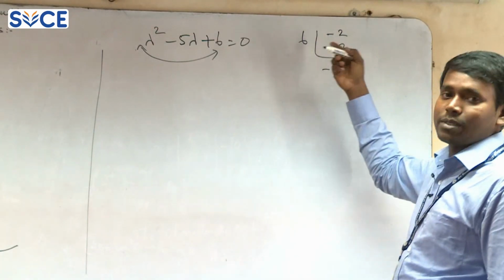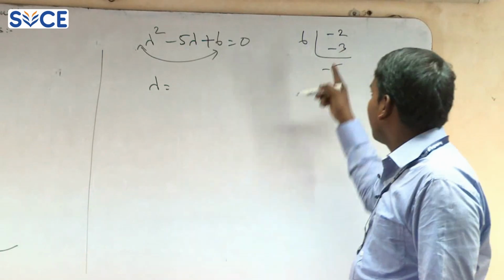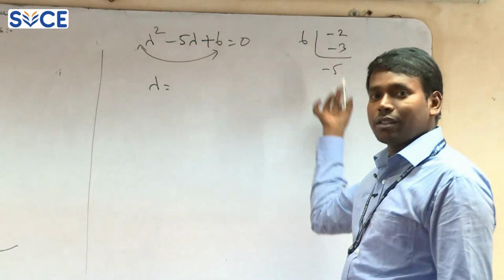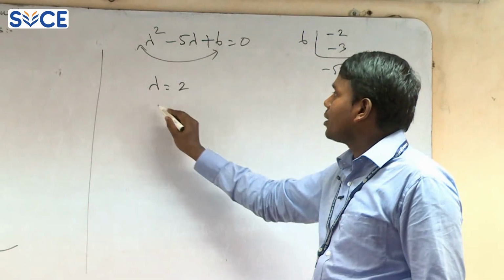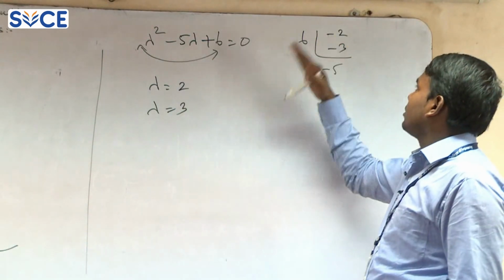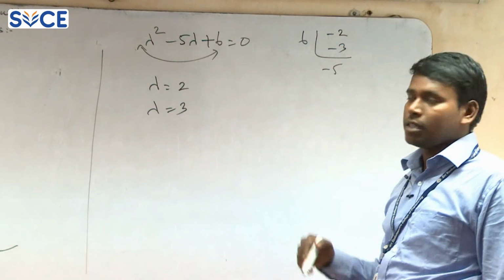If these two numbers satisfy the conditions, we can directly write lambda equal to 2, because it equals 0, so minus 2 goes to the other side and becomes plus. Next lambda equal to 3. Simple, just change the sign. If it is plus it becomes minus, and minus becomes plus.